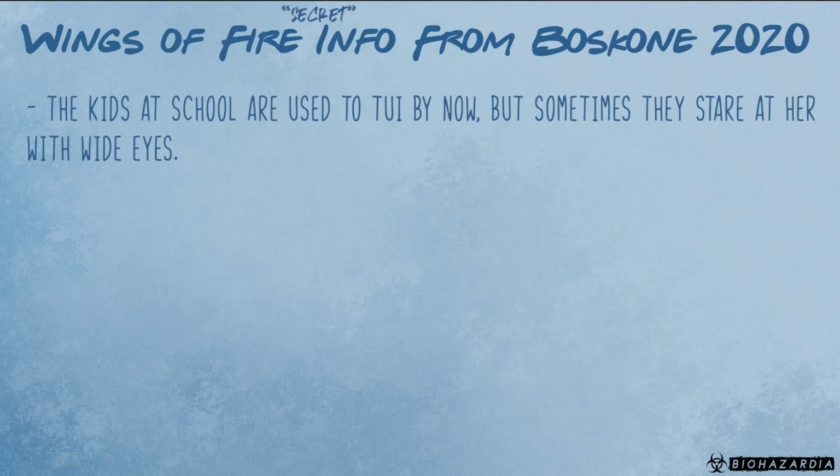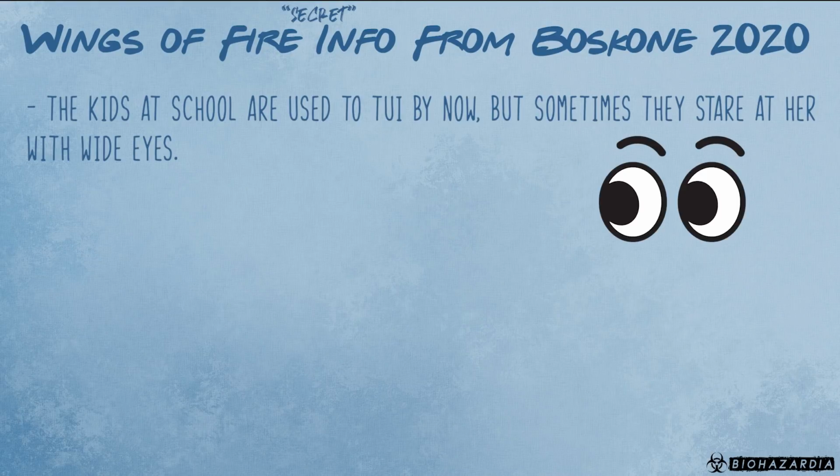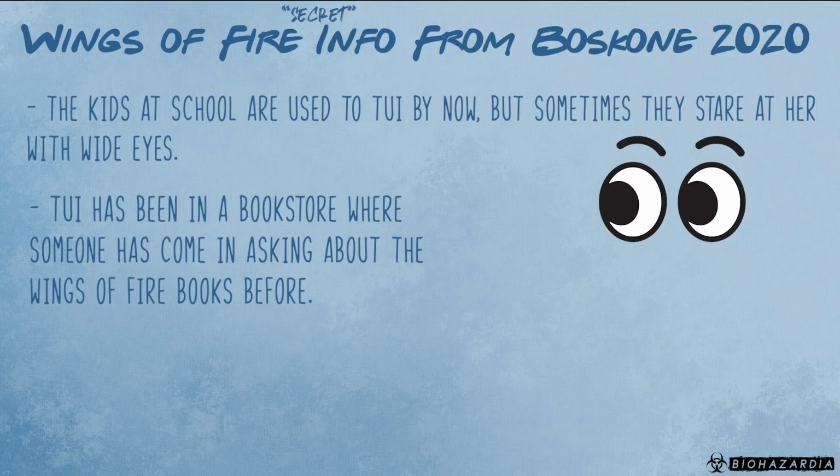So TUI said that the kids at her school are pretty used to her by now, and the 4th graders are friends with her kids, so they just know her as mom as opposed to the author of Wings of Fire. But there's some kids who will apparently just run up to her and stare at her when she picks their kids up from school. She said that she's been in a bookstore at least 3 times and had someone come in and ask the cashier, where are the Wings of Fire books?